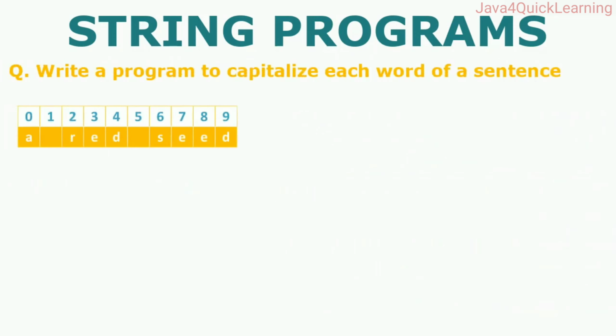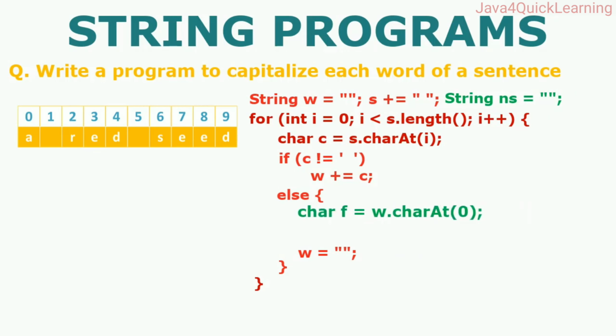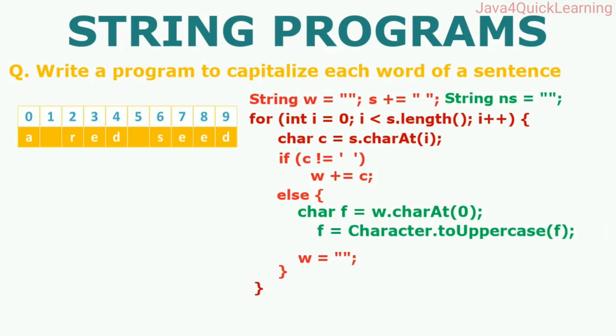Next program is to capitalize each word of the sentence. Here again we will take our template. We will declare a string variable before the loop. Inside the loop, we will first extract the first character of the word by using caret 0 and convert it into uppercase.